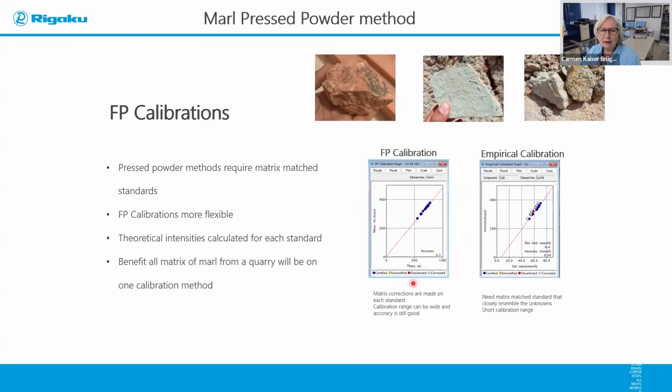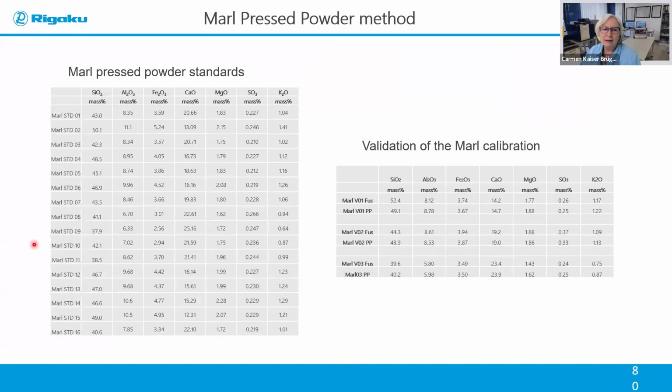So recently I had the pleasure of creating this calibration. We collected different combinations of the marl, and you can see 16 different types. And these were all certified with the reference method, being fusion. And of course, these calibrations were created with fundamental parameters.